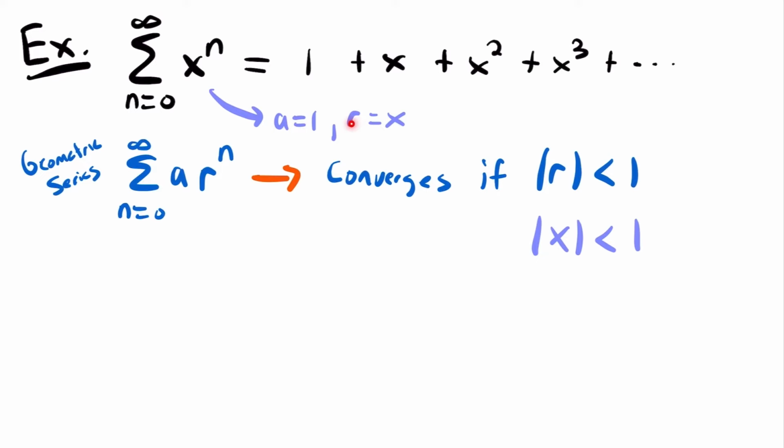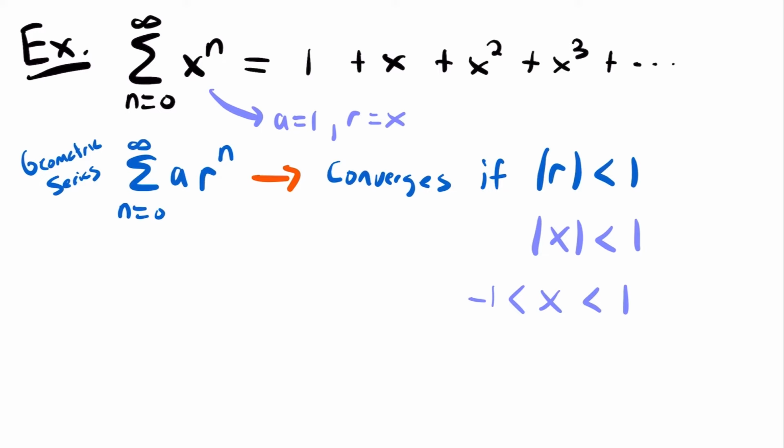X is our value of r, and so if the absolute value of x is less than 1, then our power series here would converge. And another way to write that, if we were to remove the absolute value bars, is to say that for values of x greater than -1 but less than +1, this power series would be a convergent series. Okay, but we're not done yet.